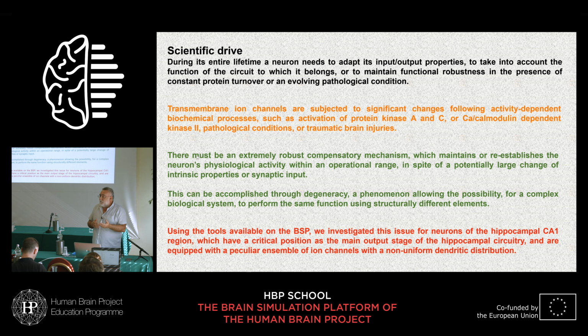Maybe not for a single neuron, but when all the neurons are altered in their normal functioning, for example in Alzheimer's or other pathologies, the network is not going to work well enough. So there must be some mechanism that keeps the neuron working within its I/O properties by compensating for a change in one part.